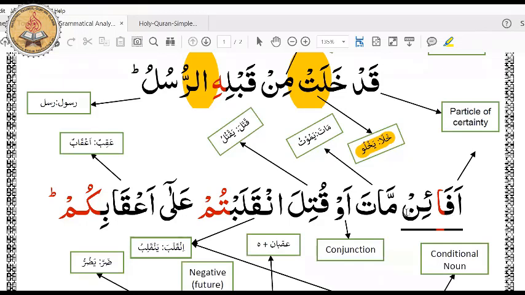And here the word in is a particle of condition. In, if. It is quite hard to translate it separately, because it is idiomatic, and the essence will be lost.